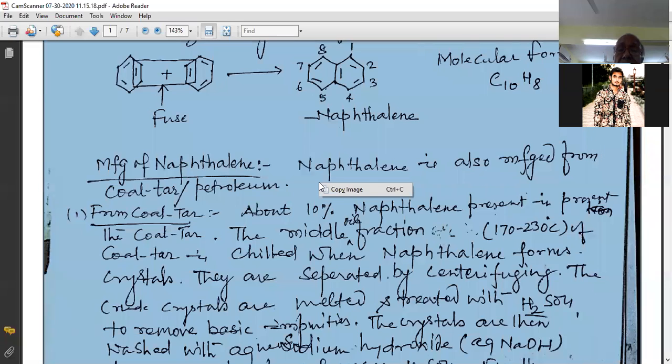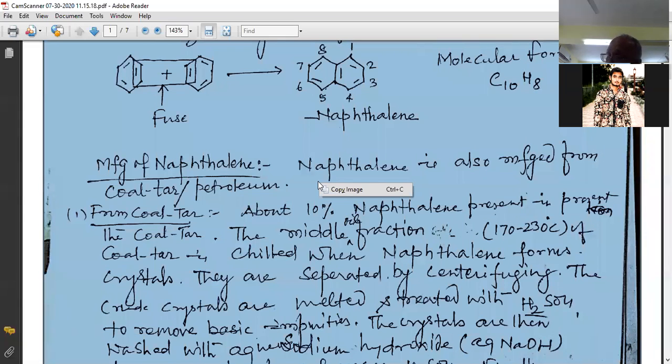The middle oil fractions having a boiling point of 170 to 230 degrees centigrade are chilled, and when crystals are formed, they are separated by centrifuging.